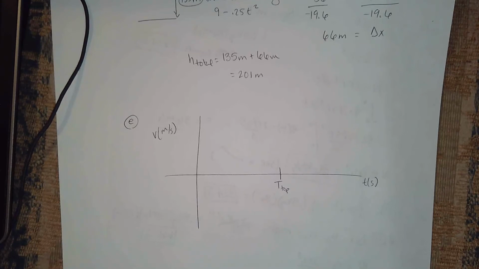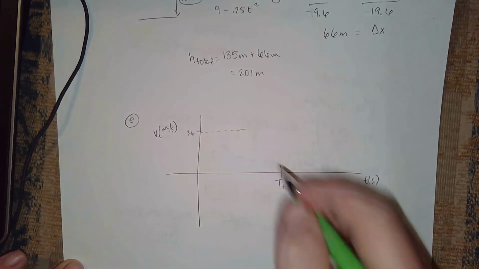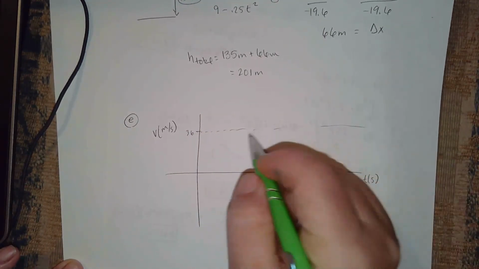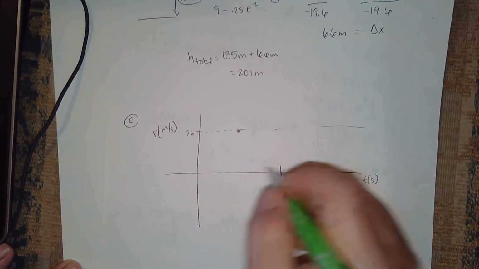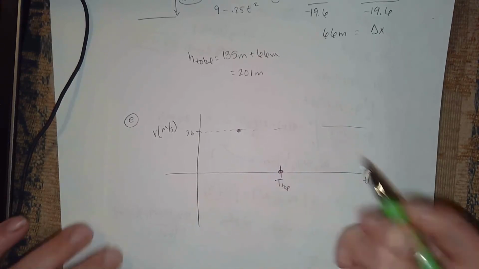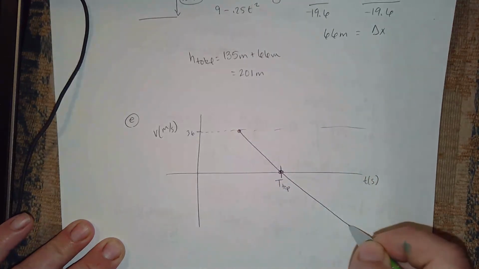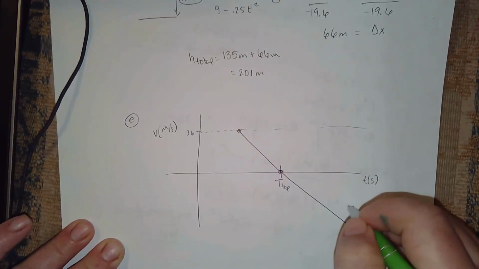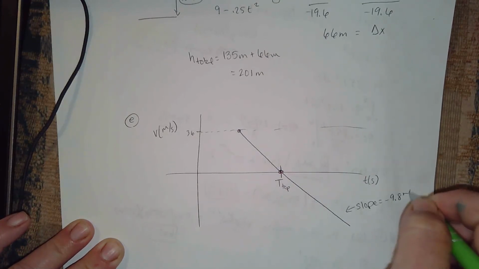Okay, well, at some point in time, I get up here to 36. You don't really have to draw this in, but let's say some point in time I reach that 36 meters per second. I know when I get to the peak of my flight, I'm going to be going 0. And I know my acceleration from here on out is negative 9.8. So the slope of that is going to be negative 9.8 meters per second squared.